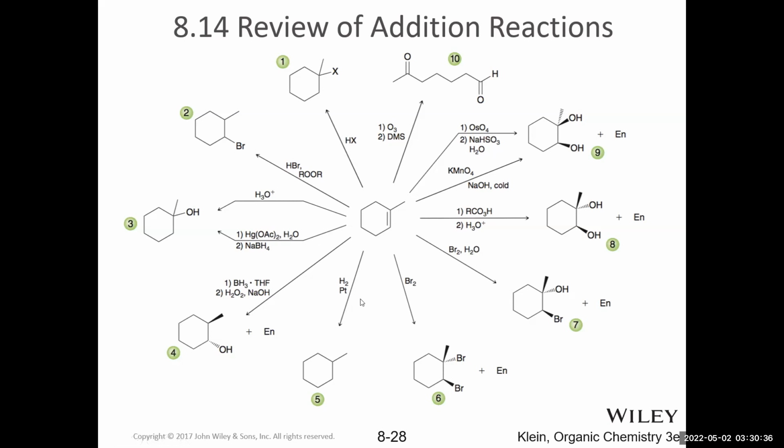And in this case, with ozonolysis, it's 2 oxygens that eventually leads to breaking of the carbon-carbon double bond and carbonyls. But in other cases, this carbon-carbon bond remains intact, and we add 2 groups across the pi bond. Ask yourself, is it the same group or different groups? If it's the same group, we don't have to worry about regioselectivity, like 2 bromines or 2 chlorines, 2 hydrogens, 2 OH groups, that sort of thing.